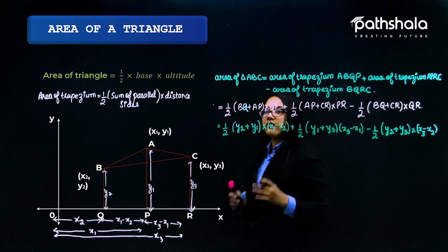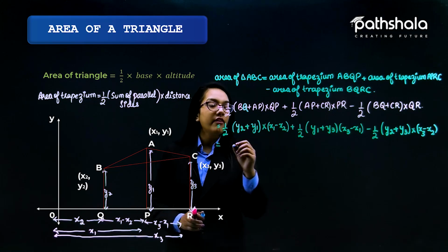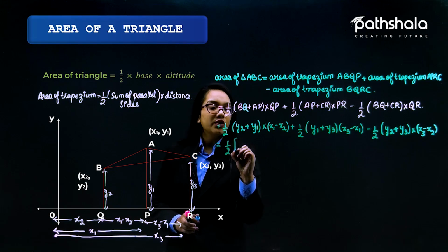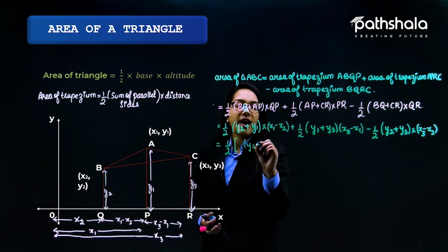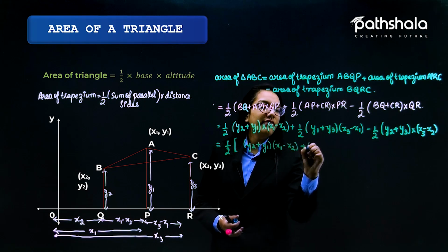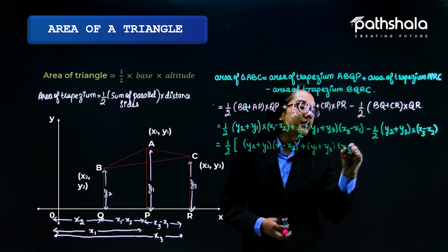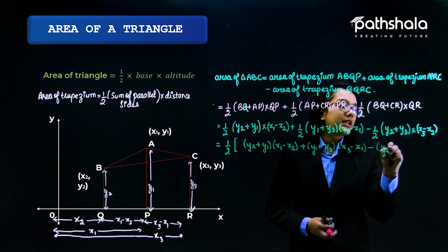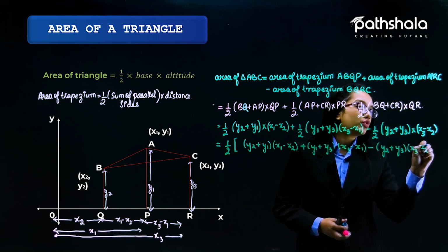So let's sort out all the values that we have over here. We can take half common out of all these. So we can write it as y2 plus y1, times x1 minus x2, plus y1 plus y3, times x3 minus x1, minus y2 plus y3, times x3 minus x2.